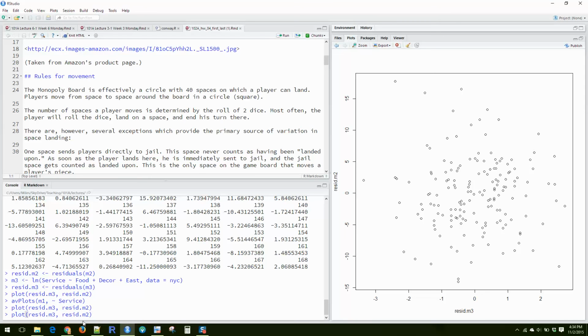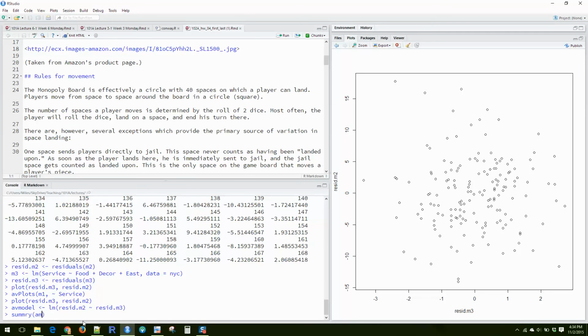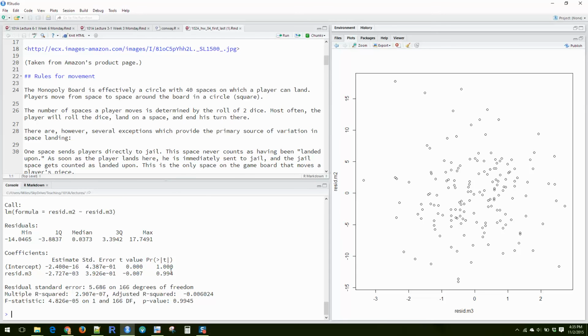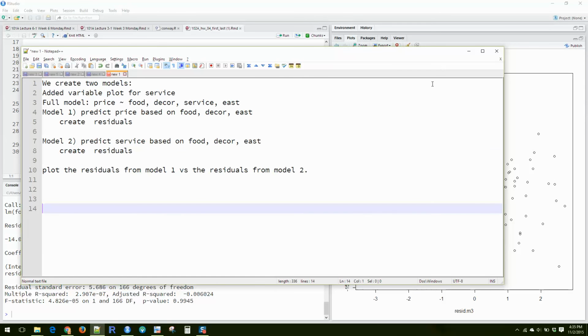To get that fit line, you would do lm of residuals M2 as explained by residuals M3. We'll call this AV model, and ask for the summary of AV model. It says you've got no slope and nothing is special about this one. And so these are added variable plots.